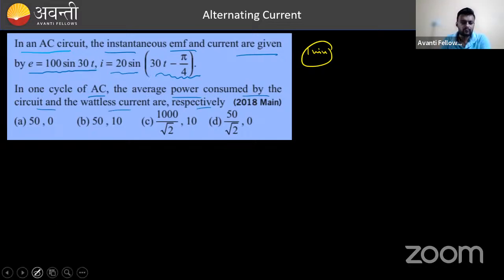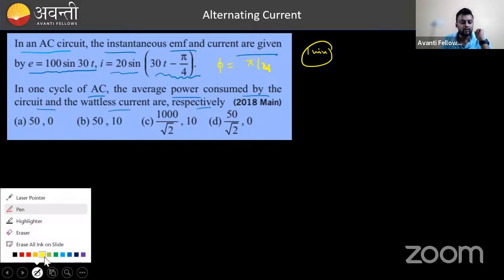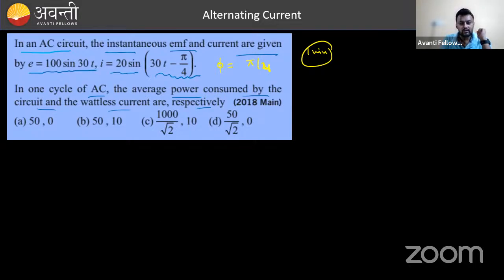Now, very simple. You can clearly see that phi is going to be pi by 4. What is phi? Phi is the phase difference between the two. And who is lagging? Current is lagging by pi by 4. So if you draw, if this is my EMF, then my current will be somewhere here.